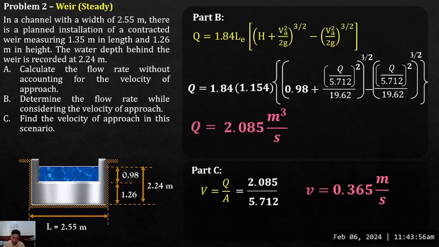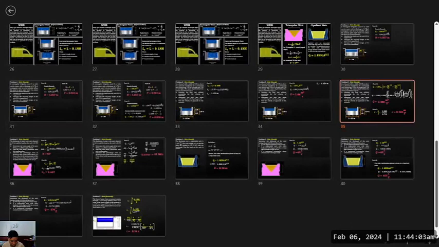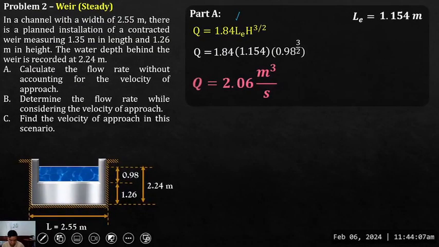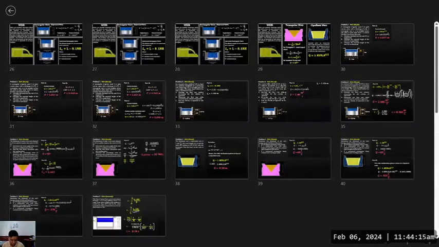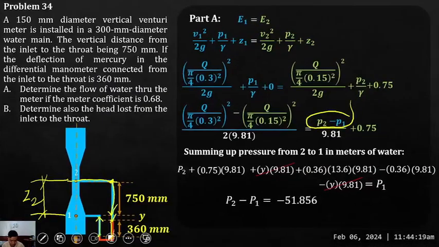So, sa effective length, yung tanong. Ito. So, bakit naging 2H? Ay, bato.